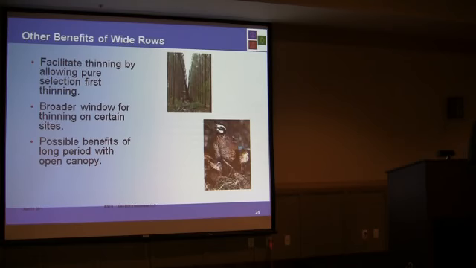Certain sites, wet sites in particular, sites that have poor access due to poor county roads or wet county roads, I think would benefit from going to a wider row spacing. It gives you a broader window where we can get in. We started doing this at Meade on some of our sites that were too wet, with the idea that we didn't have to thin those stands.